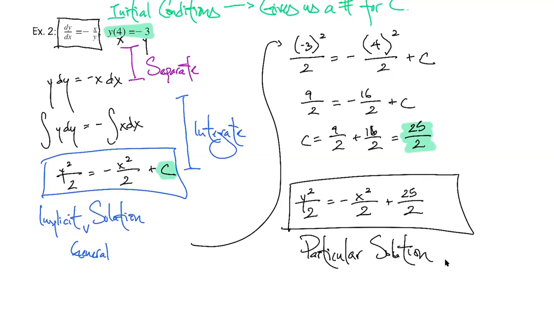Okay, so it's not a general solution, it is a particular solution. You could multiply both sides by 2. You don't have to. This is totally fine. But if it really bugs you, you can certainly multiply both sides by 2 and get rid of those halves.